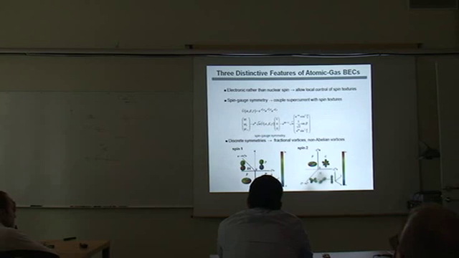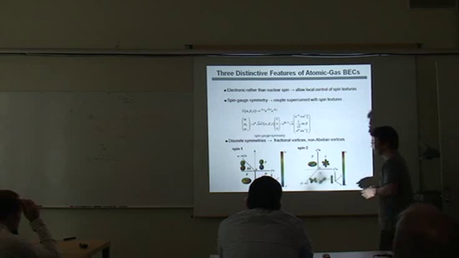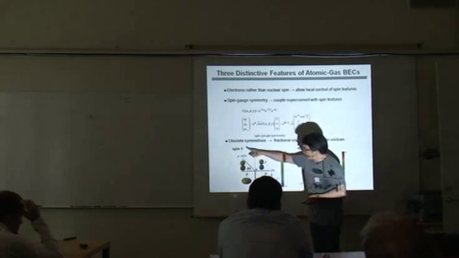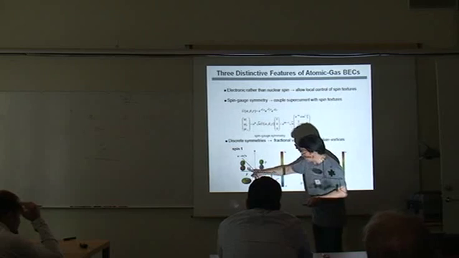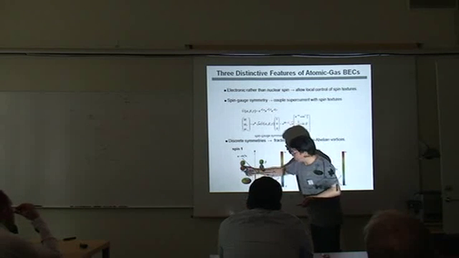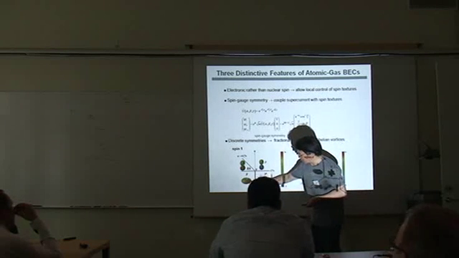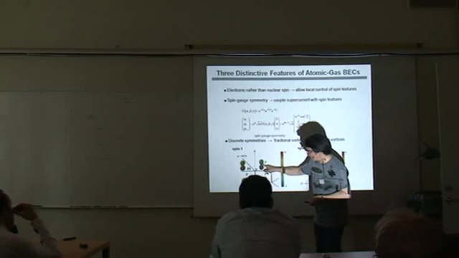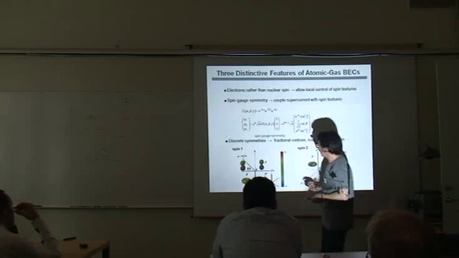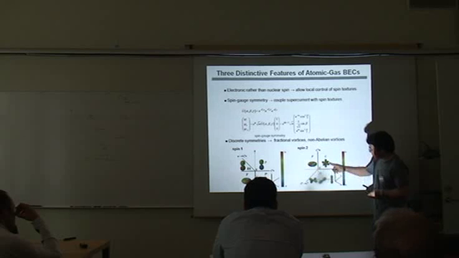And third, in addition to this spin gauge symmetry, the system has discrete symmetry. For example, spin-1 BEC has three phases: ferromagnetic, polar phase, and what is called the broken-axisymmetry phase. The ferromagnetic phase has a U(1) symmetry, but the polar phase has a two-fold symmetry. Spin-2 BEC has several phases: ferromagnetic, cyclic phase, and nematic phases.